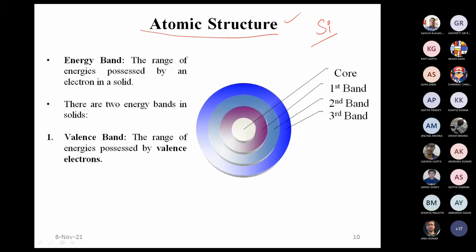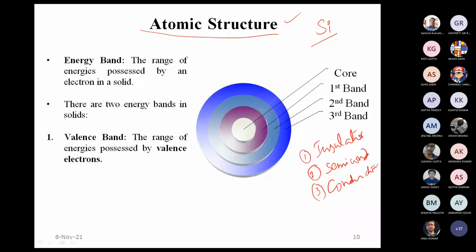Widely, we have three types of materials based on conductivity. First we can list insulator. The second one we can call semiconductors. And the third one we can call conductors.